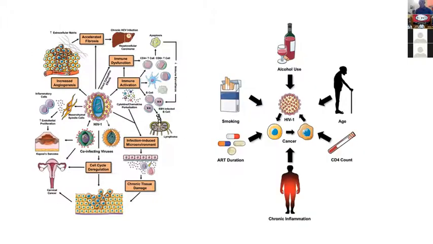So what that adds up to is that, on the left, some of those sociological and host factors, and on the right, some of those viral and co-infecting factors, both more or less point the person living with HIV towards a greater risk of developing cancer.